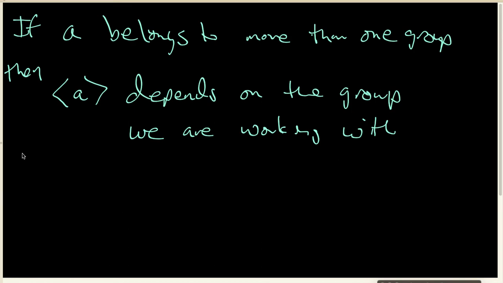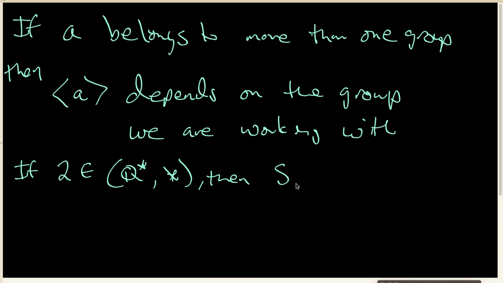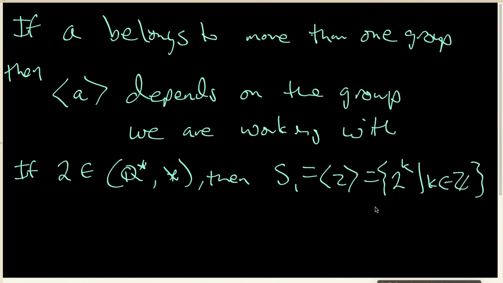As we've just seen, if we are letting 2 be inside the non-zero rational numbers under multiplication, then I'm going to call this S1, equal to 2 to the k, where k is an integer.